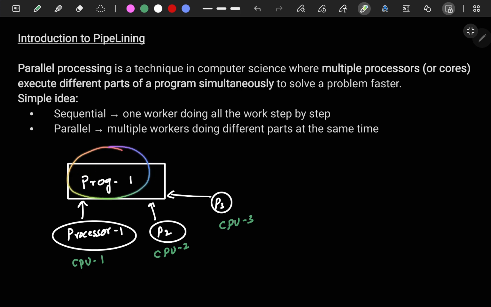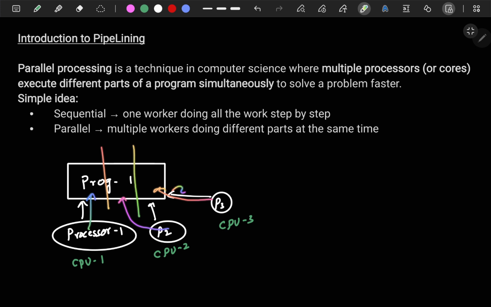And how they do it is that this particular program will be divided into three parts, because we have three processors, right? So it will divide it into three parts, and one processor will take care of this particular part, another processor P2 will handle this particular part, and processor 3 will handle this particular part.